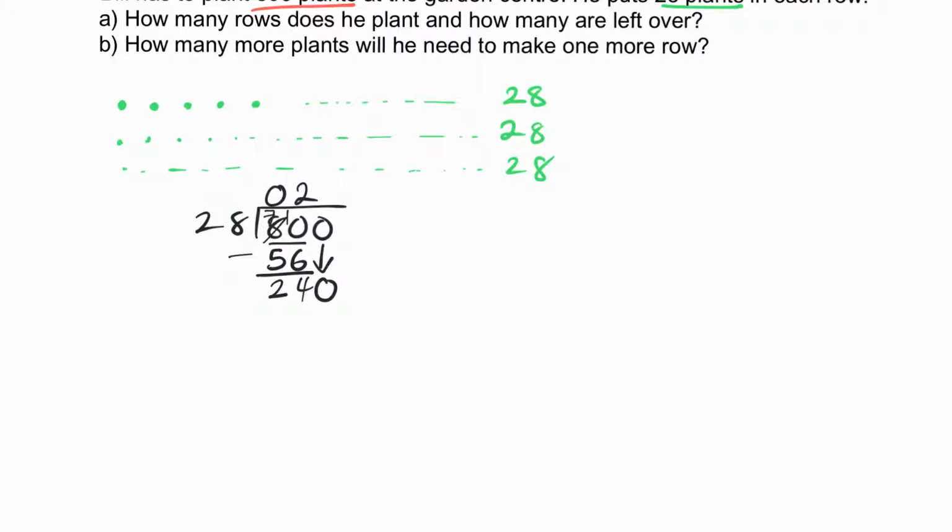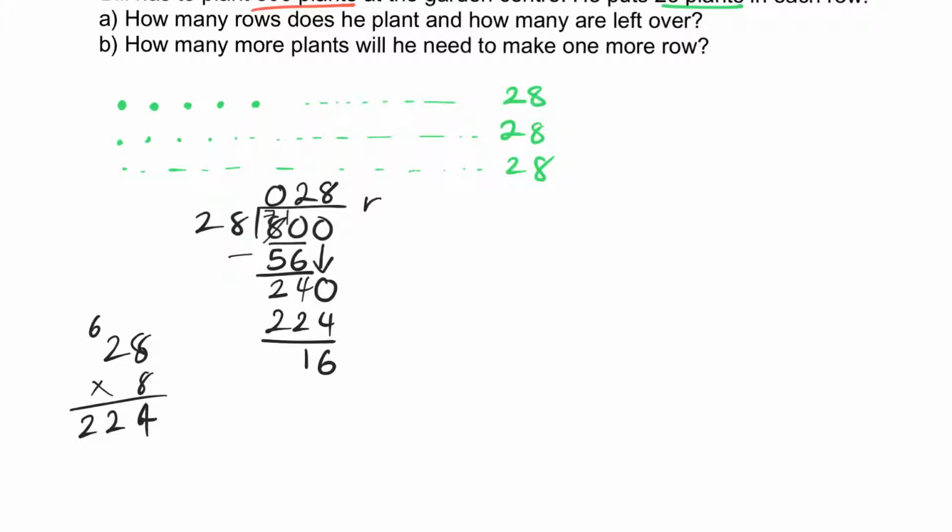There are actually 8 lots, because 28 times 8, 8 times 8 is 64, carry the 6 there. 8 times 2 is 16, plus 6 is 22. So that becomes 224. And the remainder here now is 16.